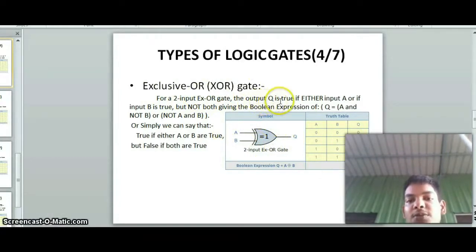Now the output Q is true only when either of A or B is true. When both of them are true, it becomes false. See here, A is 0, B is 1, then we have 1. A is 1, B is 0, we have 1. But when both of them are 1, we get the output as 0.